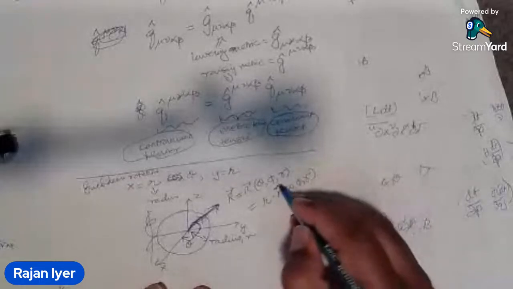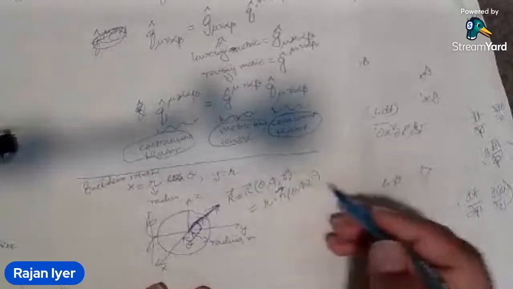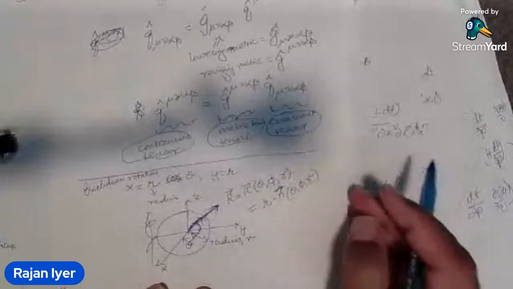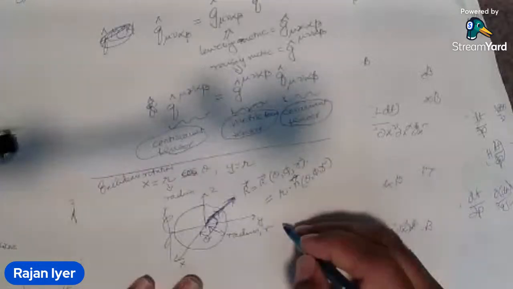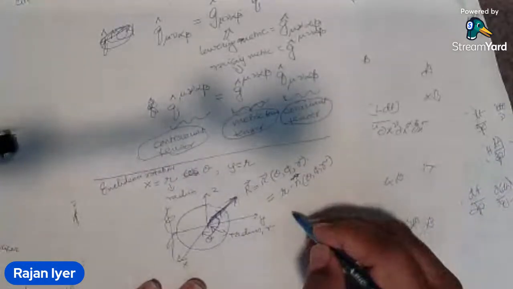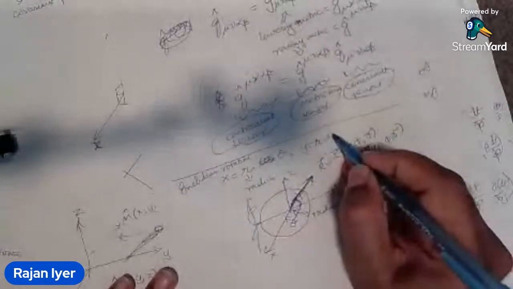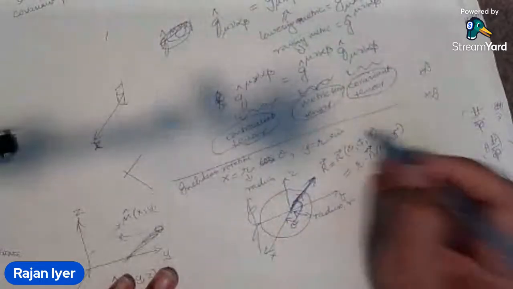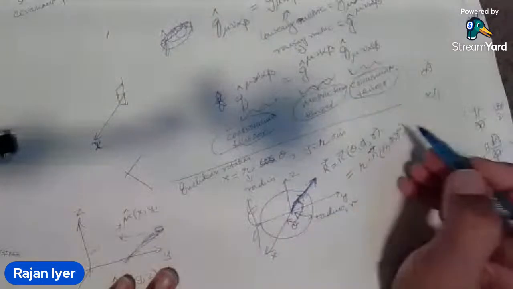Just keep it as a vector now. So that's how that becomes. And then converting to the Cartesian, you get r sine theta, this simple thing.